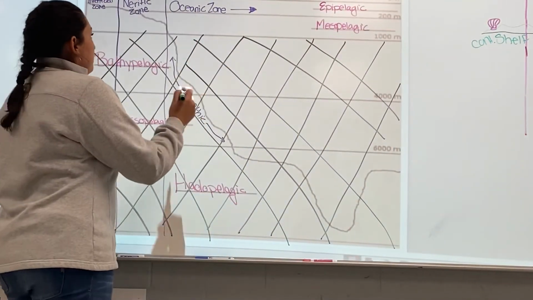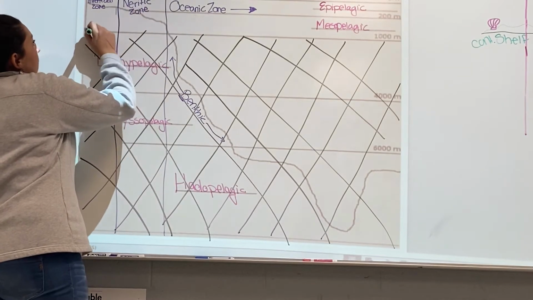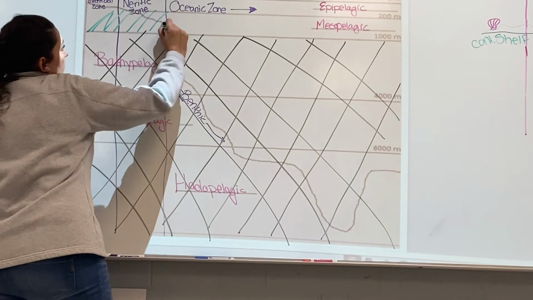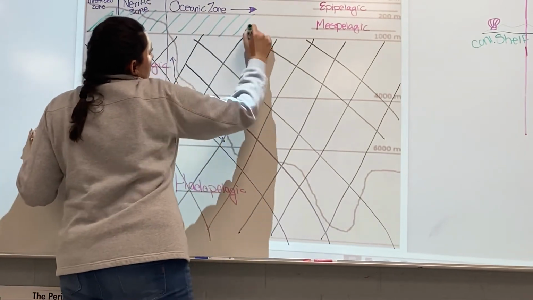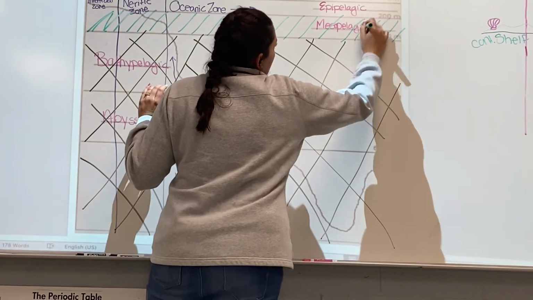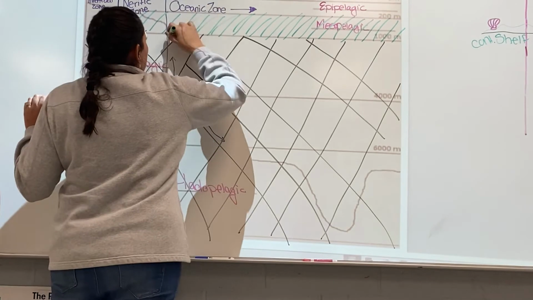So I'm going to use green. Pretend this is dark blue. I'm going to color in this mesopelagic zone dark blue. I'm going to put lots of lines so I know that it's dark blue.